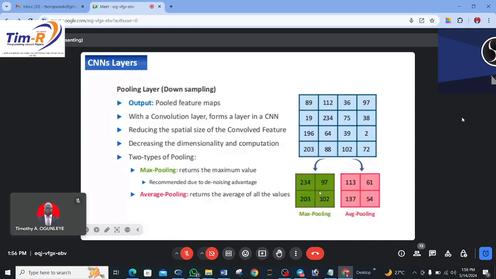Here, the max pooling returns the maximum value per region. Let me use this as an illustration.